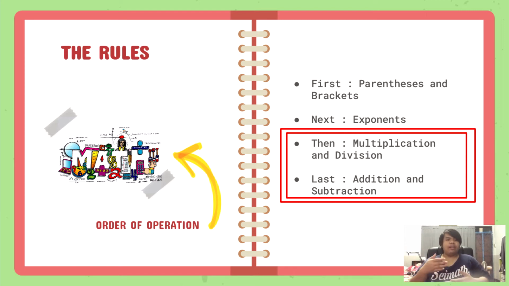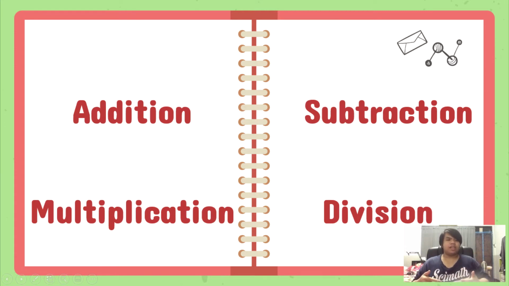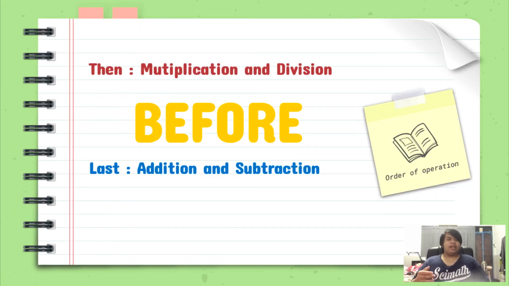These two rules are really important because they deal with the most common math operations: addition, subtraction, multiplication, and division. The rule tells us that we need to do multiplication and division before we do addition and subtraction. To see how this rule works, let's look at a few quick examples that use those basic operations.